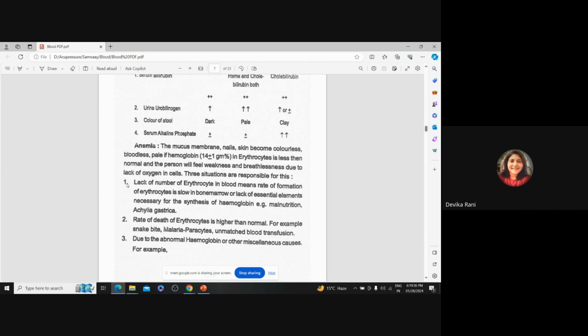Because the absorption starts basically from the stomach itself, and hydrochloric acid helps in breaking down the food. So if that itself is not happening properly, then the nutrients are not reaching the blood. And malnutrition, of course, if one is not able to get the right food or not having a balanced diet, you have deficiencies of various vitamins, minerals, nutrients in the body, which will affect the formation of blood and blood cells like erythrocytes.